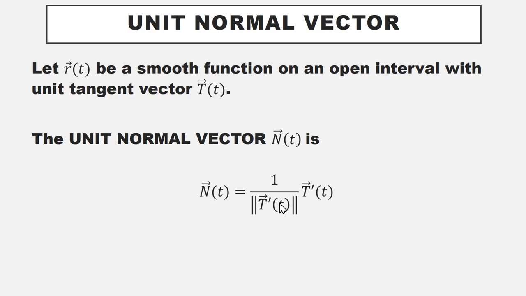Now there are a lot of algebraic tricks to how to take a derivative. Sometimes it's pretty easy, sometimes it's harder. We'll see in the two examples that we did how to take a unit normal vector. Before we do that, I want to say something about the unit normal vector.